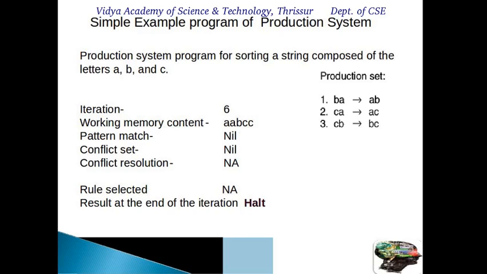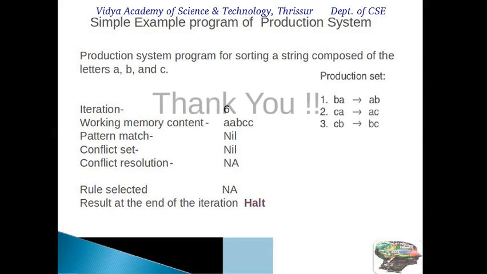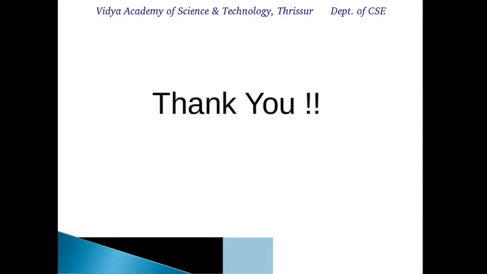The rule selector is not applicable, and it comes to the end of the problem. The word is now arranged in ascending order. All letters of that word are arranged in ascending order. It has solved the problem. This is the working of a production system. Okay, thank you very much.